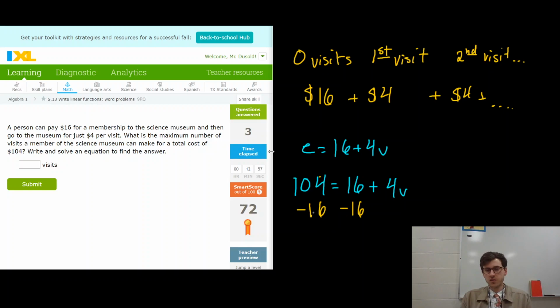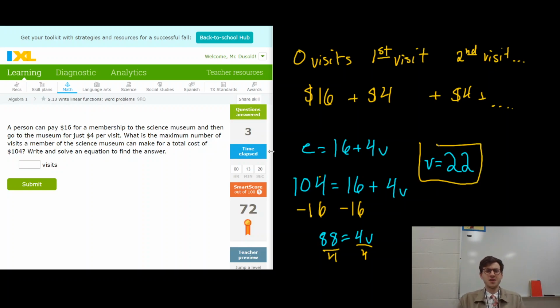If I subtract 16 from both sides, I get 88 equals 4V. Divide by 4. 88 divided by 4 is 22. 8 divided by 4 is 2, and 8 divided by 4 is 2. So then, for $104, you could go to that science museum 22 times.